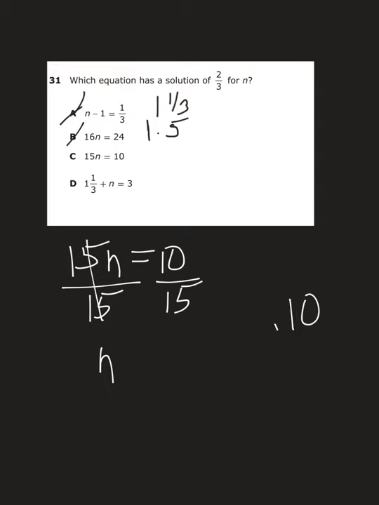And 10 divided by 15, well, 15 can't go into 10, so we have to add a decimal, add a 0. 15 can go into 100 6 times. That leaves 90.